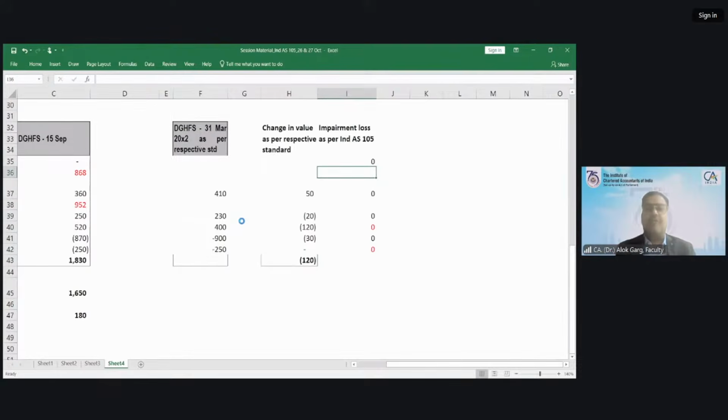So now I need to reduce by 60. 60 multiplied by 868 divided by 868 plus 952 is 28.62. Again, 60 multiplied by 952 divided by 868 plus 952.